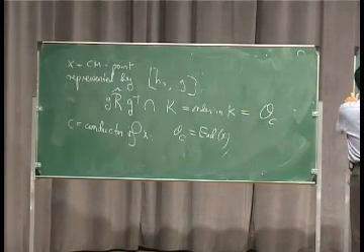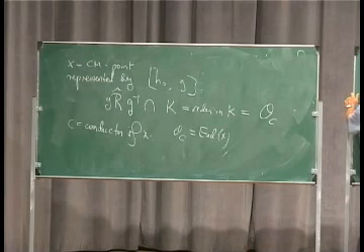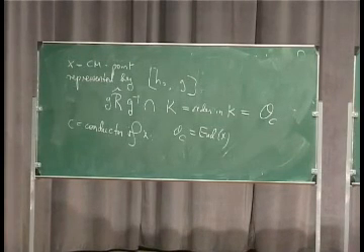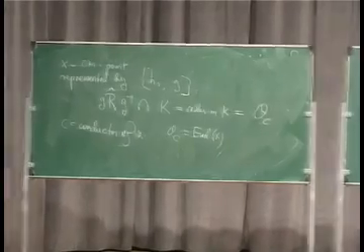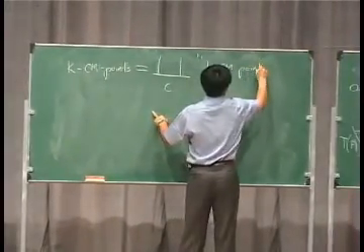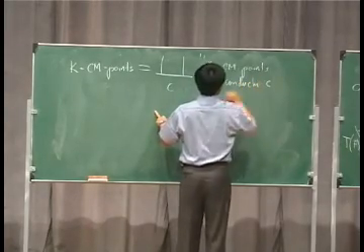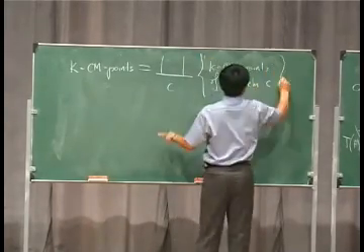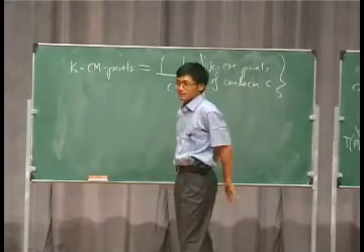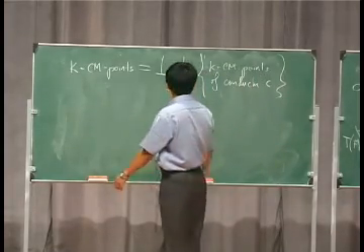So these KCM points are also the disjoint union over C of the KCM points of conductor C. Okay, so you classify these points there.